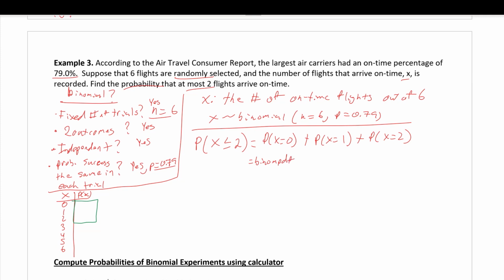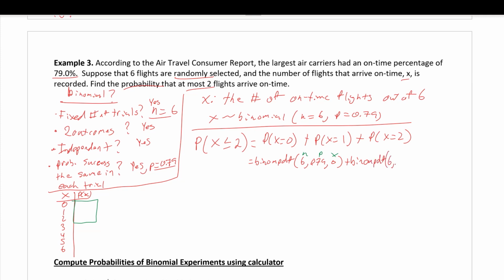And then you can do a binom PDF for each one of these. Again, n would be 6, p would be 0.79, x for this one would be 0. That's your n, p, x. Let me just label those, n, p and x. You do it for each one. I might run out of space, so I'll try to draw a little smaller.